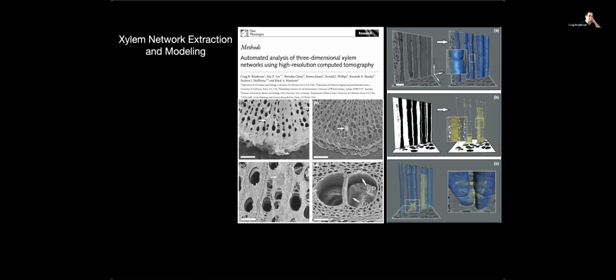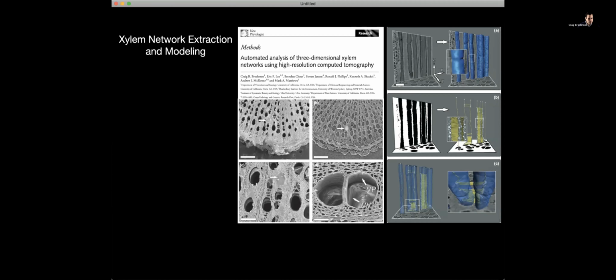This is something that we've been working on in pulling out the vessel network parameters for quite a while. We published this paper back in 2010 or 2011, where we used a number of different methods, including light microscopy and scanning electron microscopy. In this case, we have our micro CT image on the right in panel B, and in panel A the scanning electron microscopy image of the exact same spot in the stem.